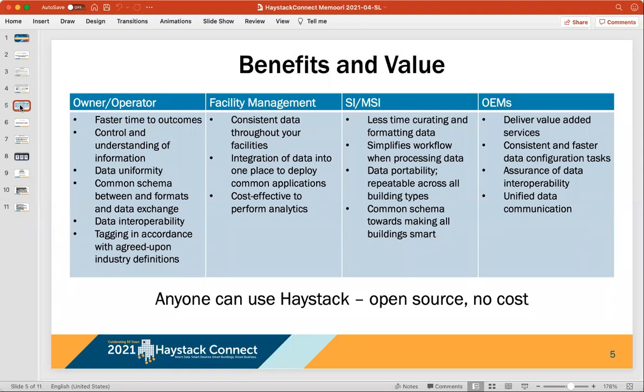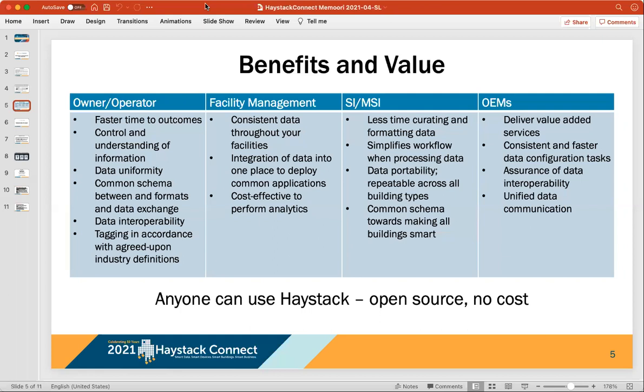Those are no longer enough in today's business and IoT climate. It's really about interoperability, the true, open, cost-effective interoperability that is required to really maximize the value that data can bring.